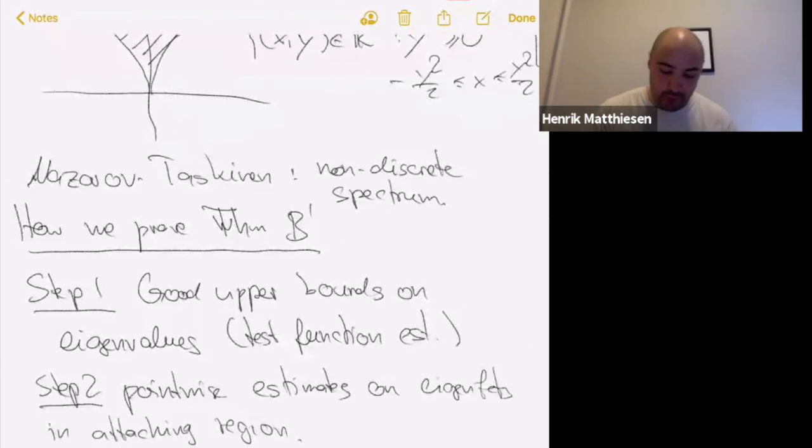So then the hard work starts in step 3. Step 3 is using the first 2 steps. Let me emphasize the way you use them. Step 1 is just an energy bound, right?